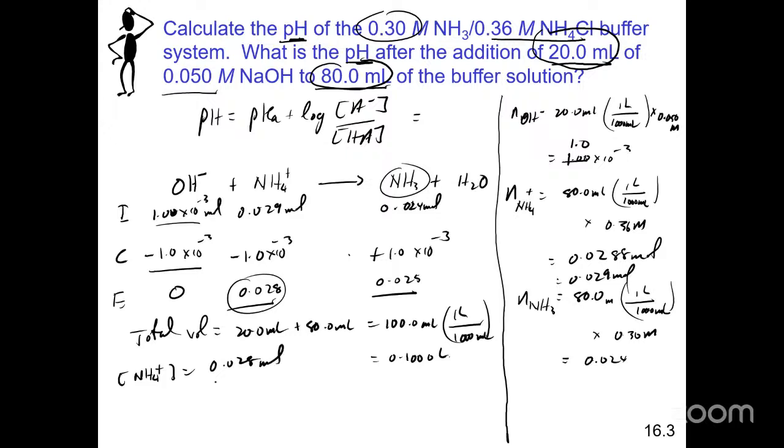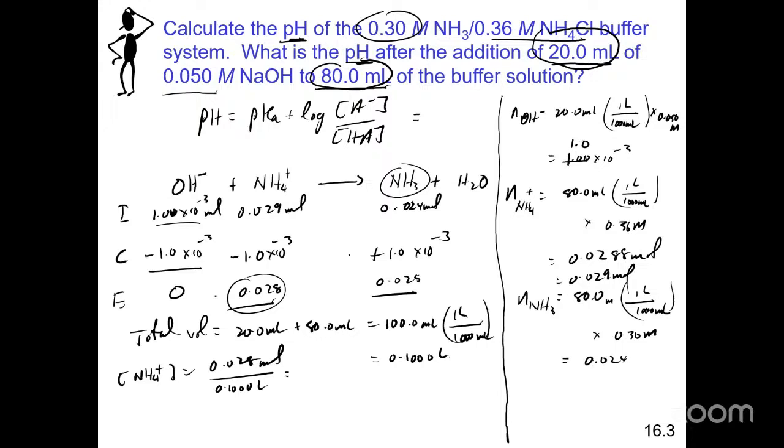So the concentration of the ammonium would be equal to the moles, which is the 0.028 moles, divided by 0.1000 liters, and that's going to be equal to 0.028 divided by 0.1. What am I doing? 0.028 divided by 0.1.